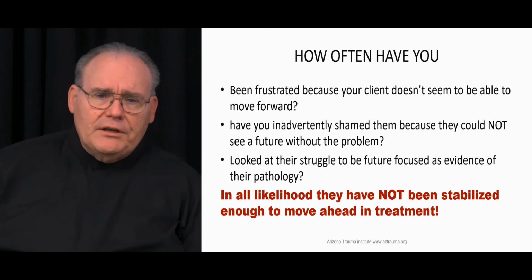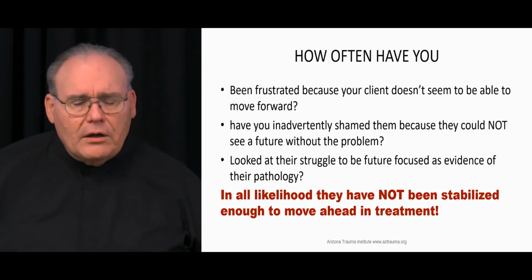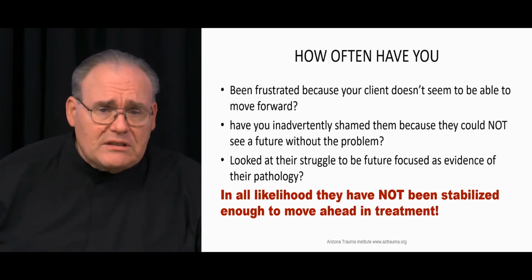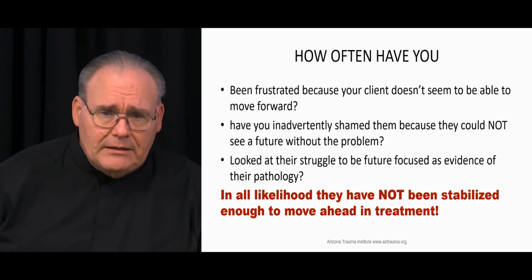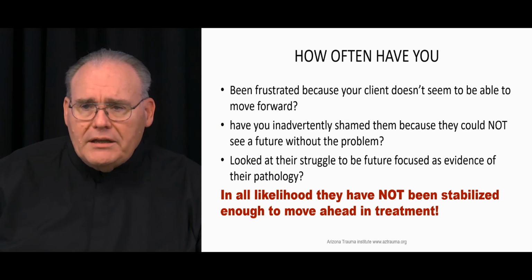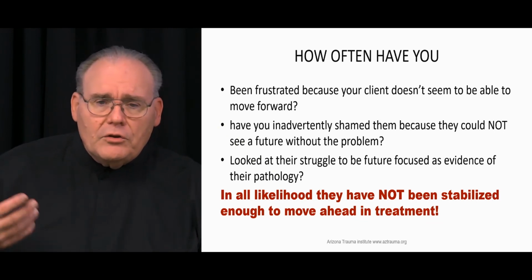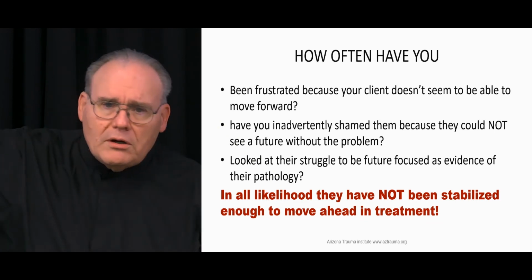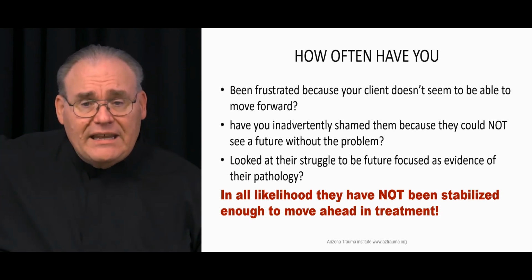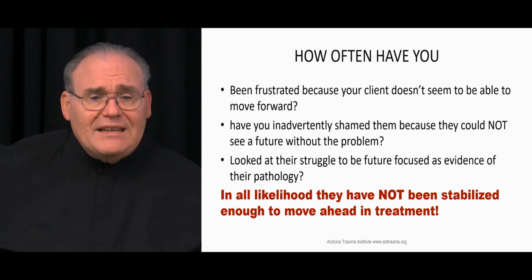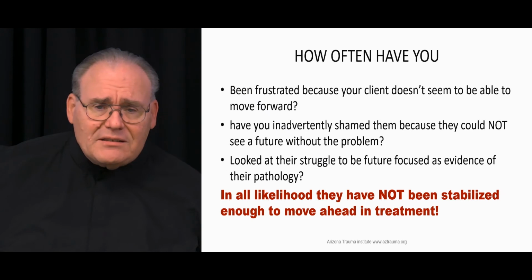In all likelihood, if you're working with people that have had histories of trauma, toxic stress, and adversity, they have not been stabilized long enough, often enough, to build neurocircuitry to move towards. And if they have, a lot of it is incredibly aggressive and hostile.